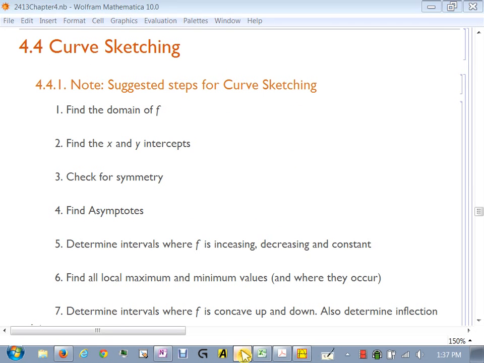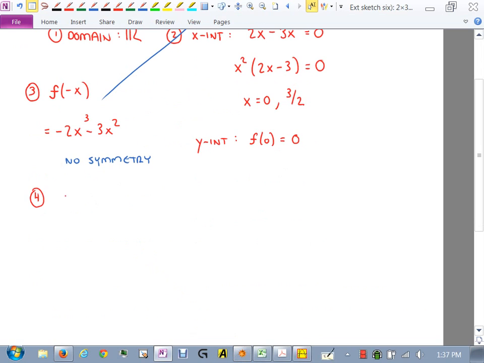Find asymptotes. Let's first look for vertical asymptotes. Vertical asymptotes would happen anytime you have a fixed number over 0.